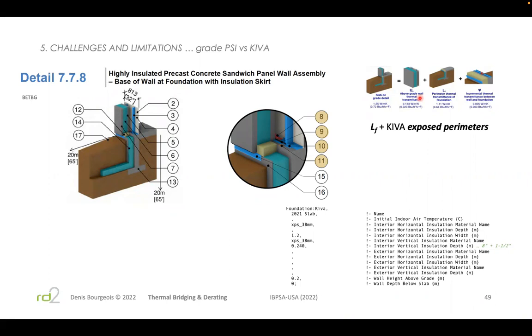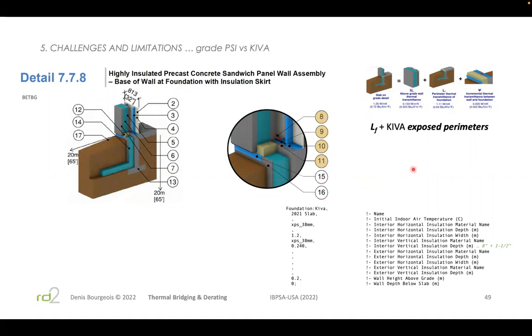And so this will be done automatically for you by TBD for Kiva. There is a challenge with the building envelope thermal bridging guide where you do have psi factors, but you have to really pay attention to what are the elements that do characterize the psi factors, and here in yellow, versus the other elements which should be part of the Kiva model.